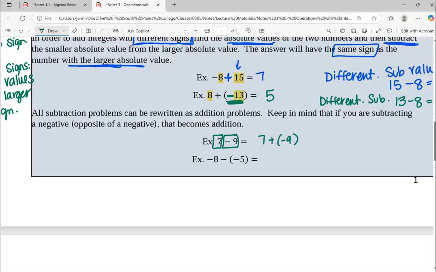So keep the sign that's in front of the number, just move it over and plus it. Now, because I have different signs, I'm going to subtract. 9 minus 7 is 2. And I'm going to keep the sign of the bigger number. Final answer, negative 2.